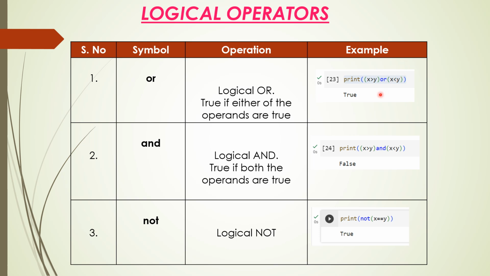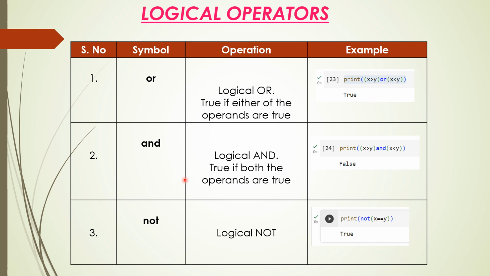Here I am trying to print the example. Same way, x equal to 5 and y equal to 7. So x greater than or equal to y, no, it's false. Or x is less than y, any one will become true, because 5 is less than 7. So obviously any one case is true, the OR condition is applied, so it is true.